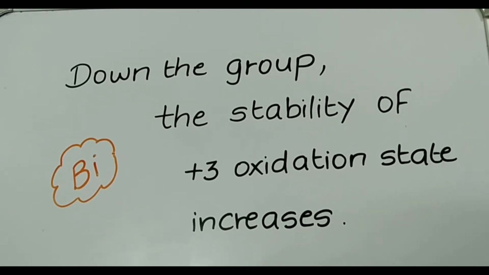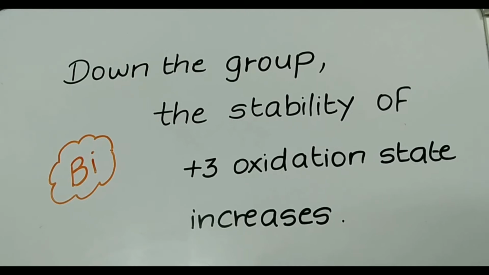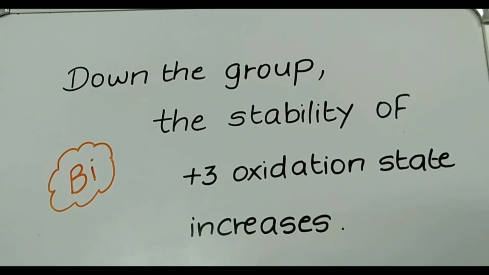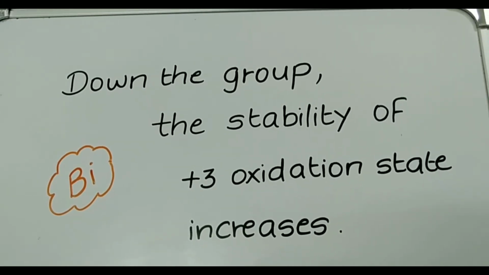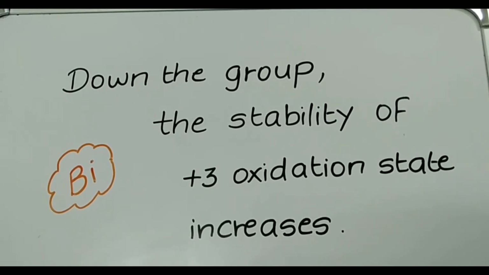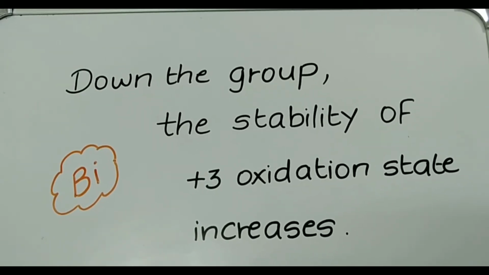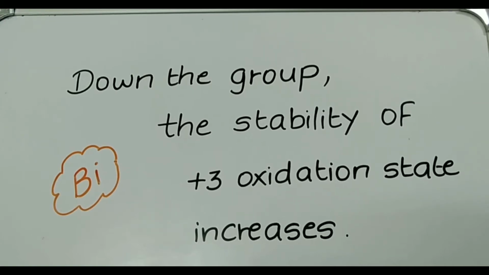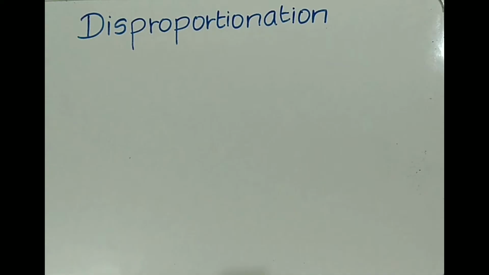Only the 3 electrons of p orbital will form the bonds. So because of this, the +3 oxidation state in bismuth is stable, and down the group the stability of the +3 oxidation state increases.